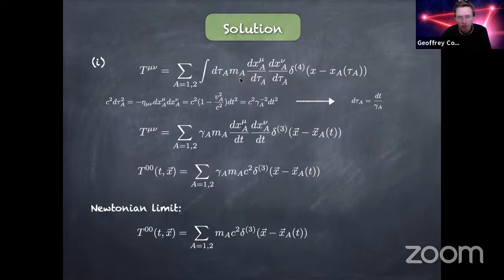And the overall factor is a gamma, because there is one d tau here and two d tau at the numerator, at the denominator. So this is an inverse relation, so we have a gamma at the numerator. So the zero component is given just by this. In the Newtonian limit this gamma factor goes to 1. But this is the full expression.